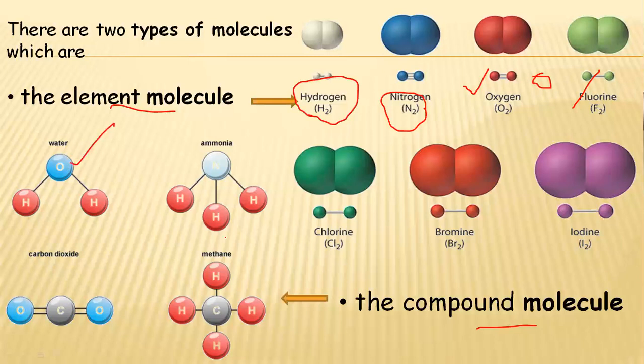In ammonia, 3 hydrogen and 1 nitrogen are combined. In carbon dioxide, 1 carbon and 2 oxygen are combined. That's why we write di for 2 oxide. And methane, 1 carbon and 4 hydrogen. All these atoms are different, so they are making compounds.